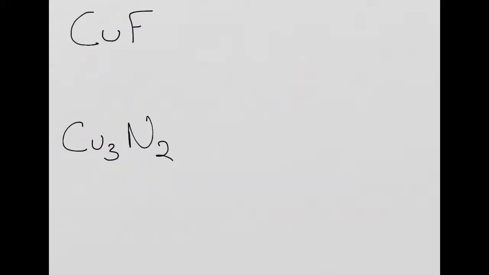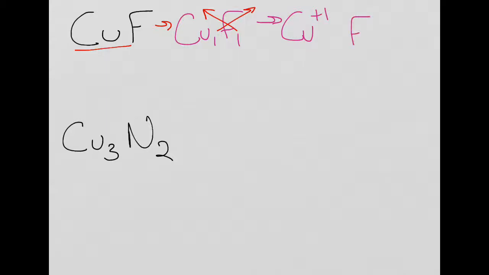Let's look at this here. Here I have copper, and I know the copper is going to be one of those metals that gets a Roman numeral with it. And if I want to figure out what Roman numeral it will have, I can go backwards. For example, I can write this as Cu1F1. And if I uncrisscross these, I get my copper having a +1 and my fluorine having a -1, because I know fluorine will be negative, and it makes sense.